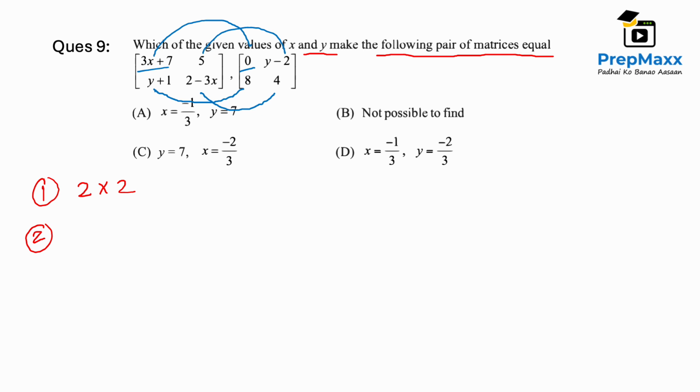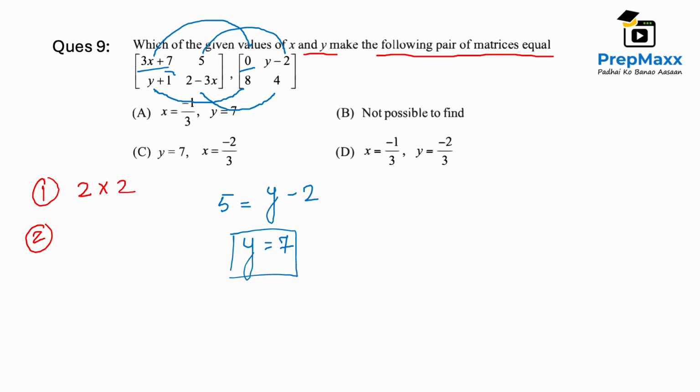So if I need to find the values of x and y to make these pair of matrices equal, let's find out what could be the possible values. So 5 must be equal to y minus 2, which means y must be equal to 7, right?